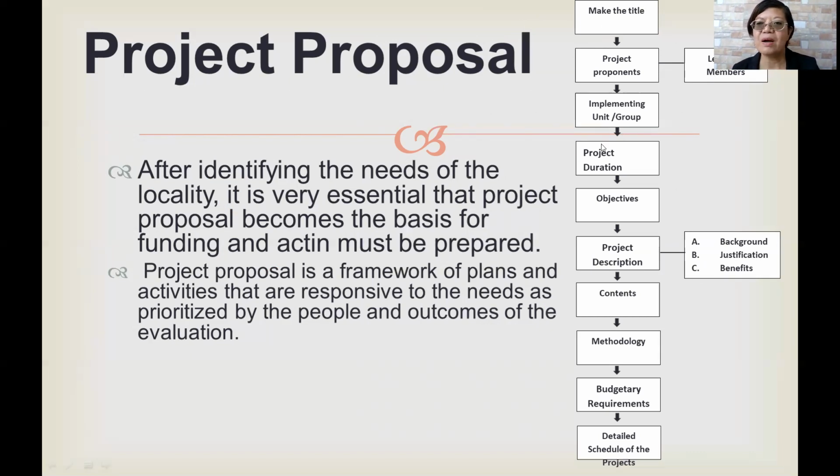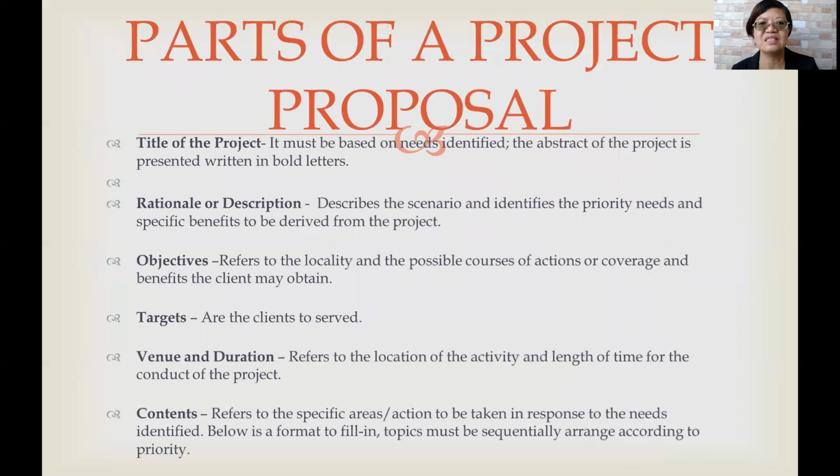And then you can probably think of a name for your group, no? And then you have to specify the duration, the objectives of the project, of course, the sub-project, the background, the justification, the contents, and then the methodology. I will discuss each in detail in the next slides.